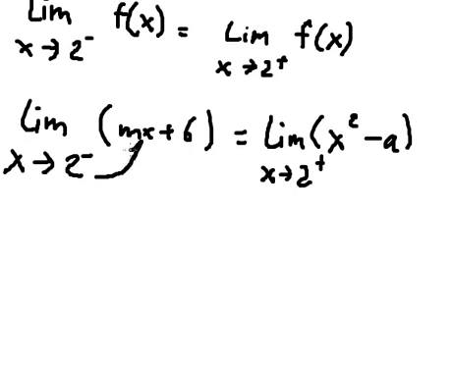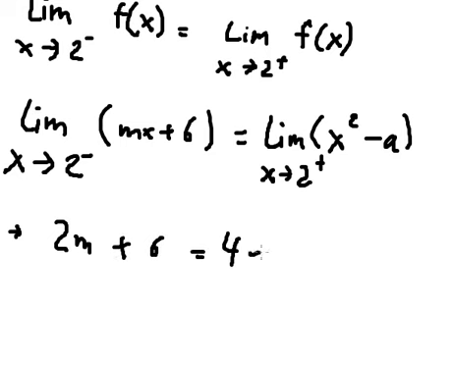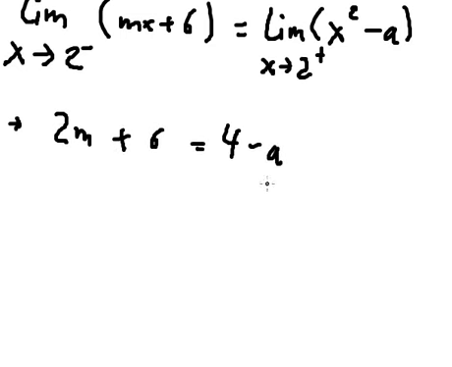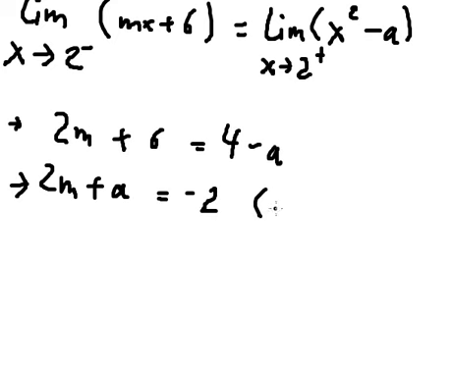So I will put number 2 in here, number 2 in here. And now I will put negative a to the left, number 6 to the right. For minus number 6, we have negative number 2, and we have the first equation.